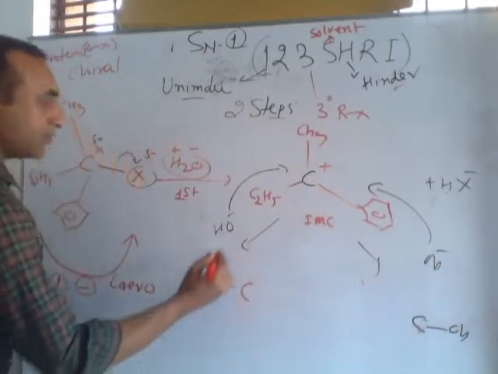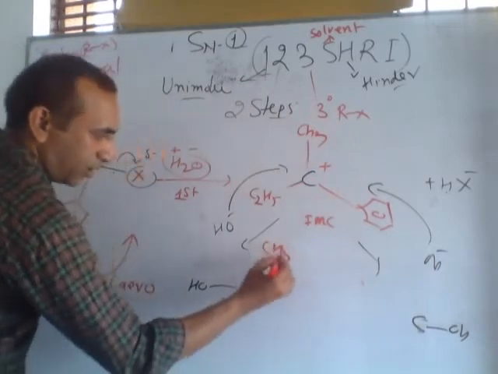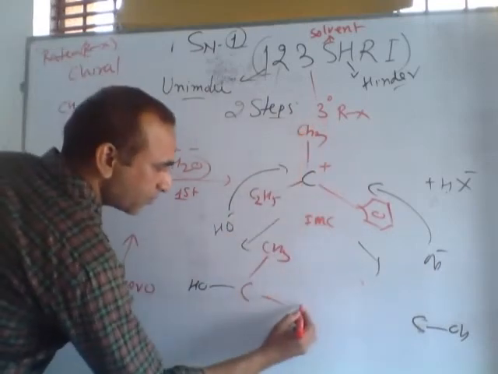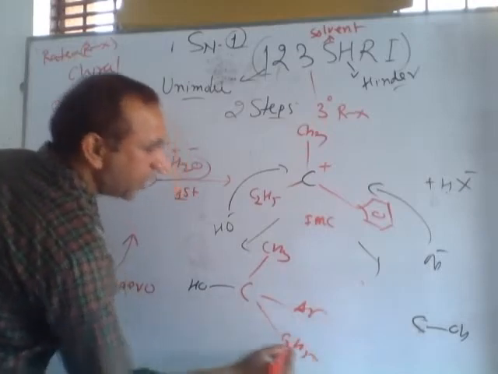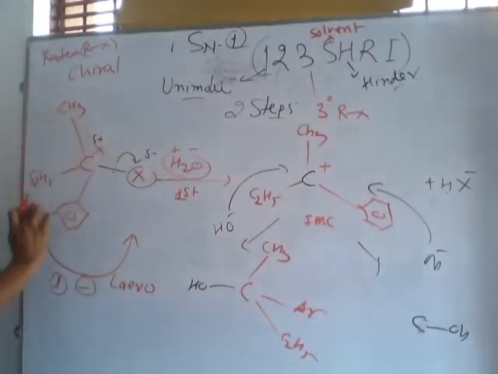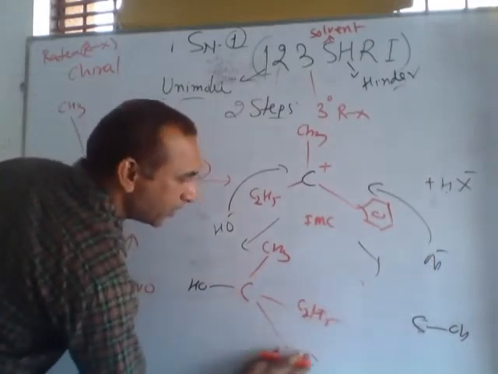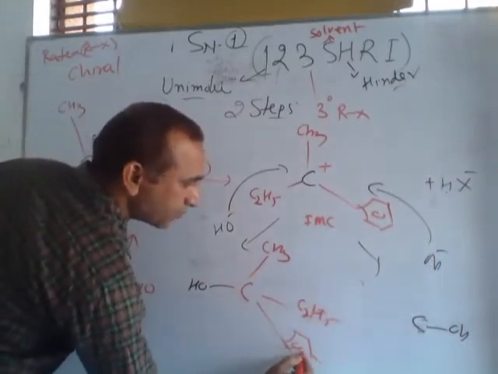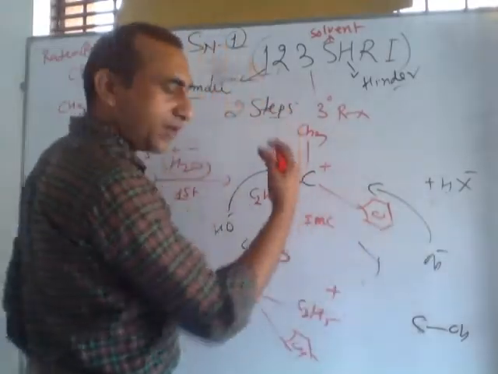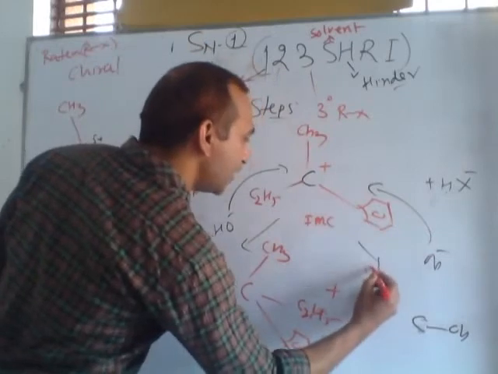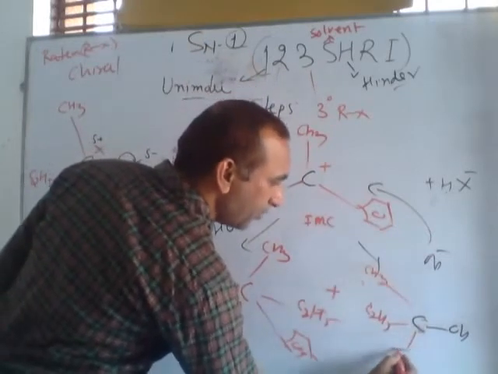In the first condition, the orientation of these three groups, methyl, this aromatic, and this propyl, has changed. Thus, I am writing here C2H5, and this is the aromatic ring. But if OH reacts on the right hand side, the orientation of all these: CH3, C2H5, and this benzene ring.